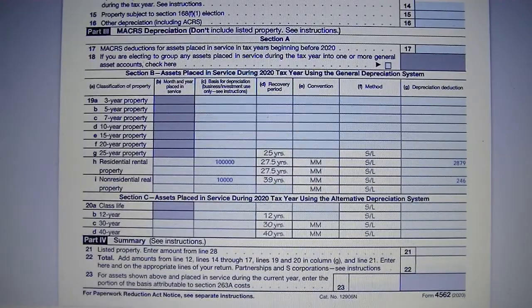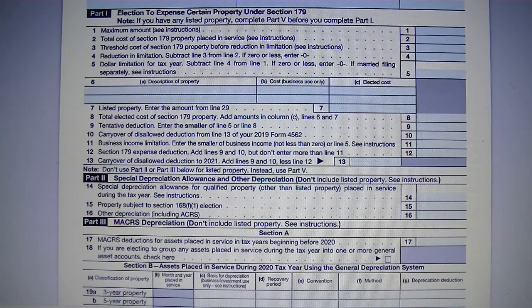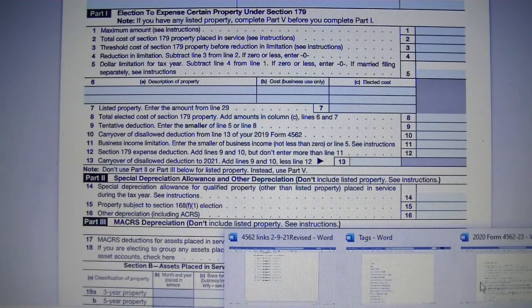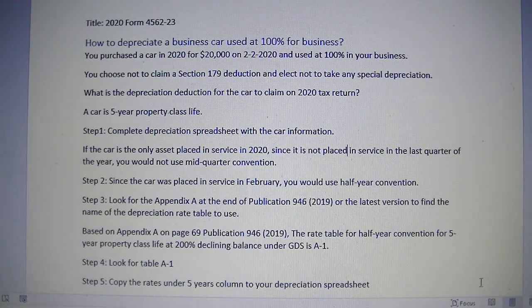2020 Form 4562, Depreciation and Amortization. How to depreciate a business car, or how to depreciate a car used at 100% for business. We are going to assume you purchase a car in 2020 for $20,000 and start using it in early February 100% in your business.